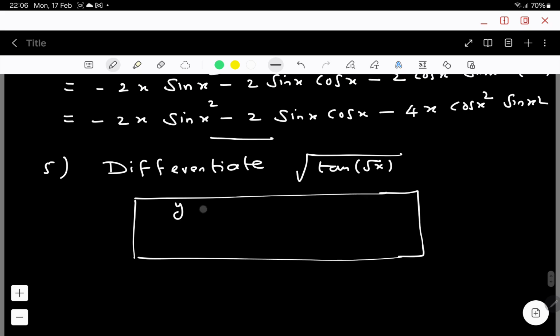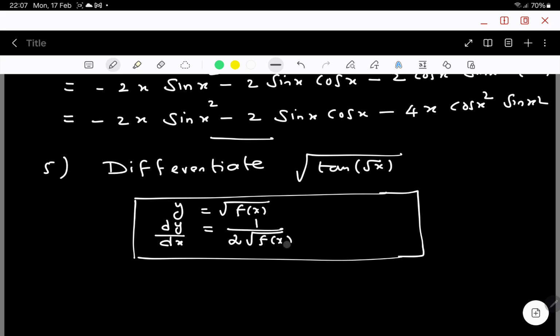So y is equal to square root of f of x. So dy by dx is equal to 1 divided by 2 times root f of x, into d by dx of f of x. Every time we differentiate f of x, don't forget to differentiate this function separately.